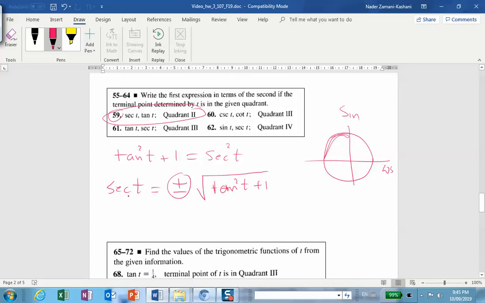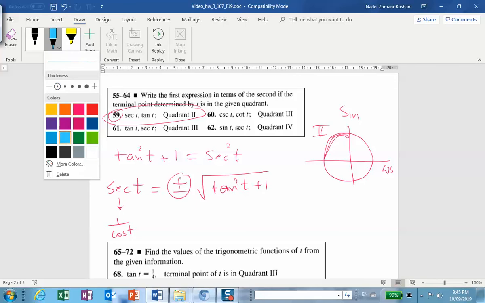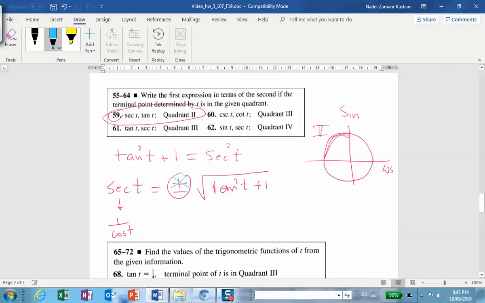Now, let me remind you that secant is 1 over cosine. And if you are in quadrant 2, this is quadrant 2, cosine is negative. So, secant is negative. Therefore, the sign that you want is the negative, not the positive sign.